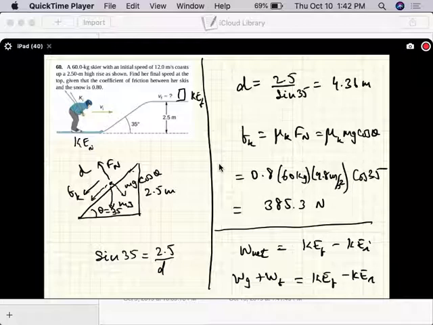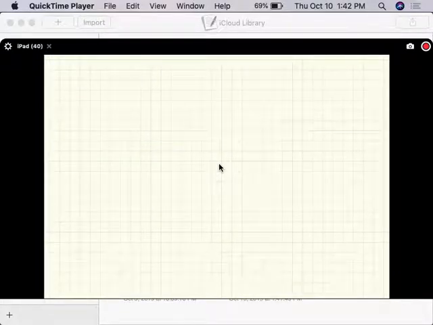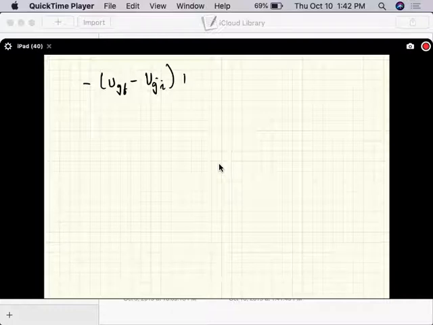You're a good man, my friend. So what our friend said was minus (UG final minus UG initial) plus work done by friction is equal to KE final minus KE initial.